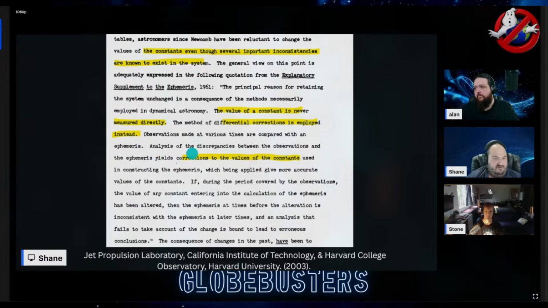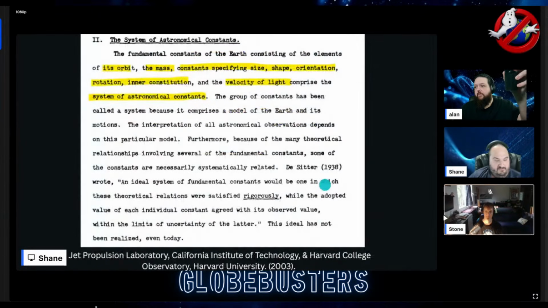And the analysis of the discrepancies between the observations and the ephemeris yields corrections to the values of the constants in the ephemeris. So he's noticing that, hey, we're not adjusting the constant of the AU, we're adjusting the published place that the planet's supposed to be, and using the AU instead. That's what they're updating instead of the AU being wrong. The constant can't be wrong.